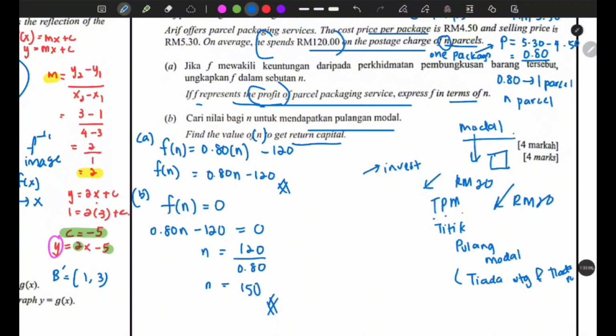This is what they call return capital. Capital is the money that you invest and you get back the same thing. No untung, no rugi. You put 20 ringgit, you get back the 20. So no profit lah, 0.